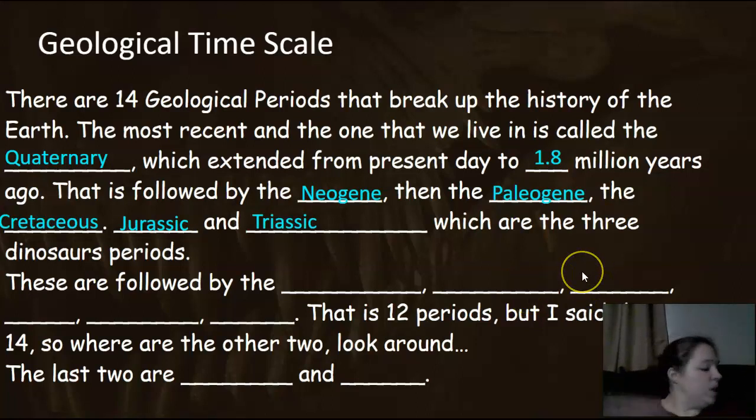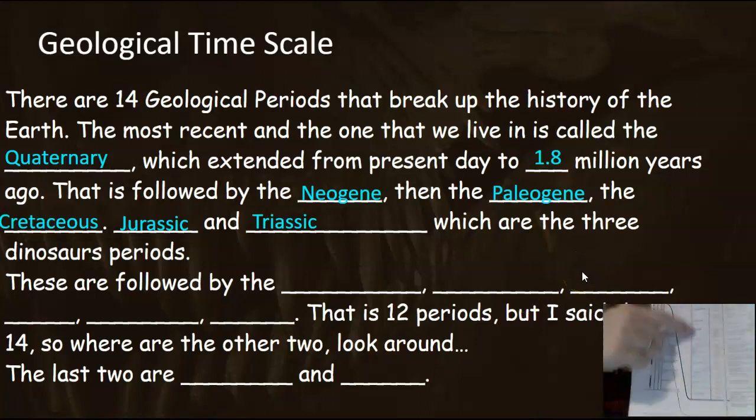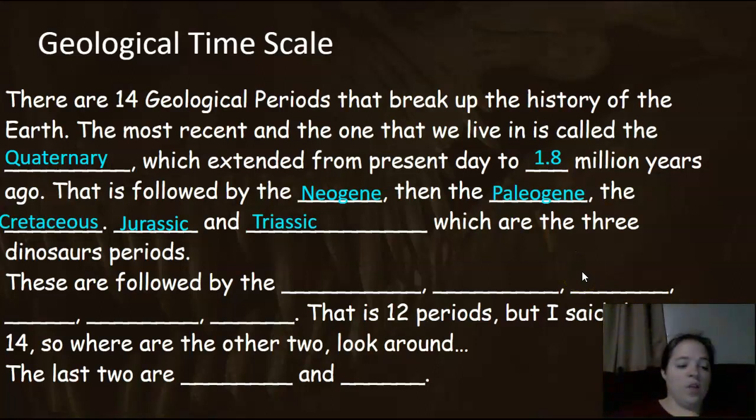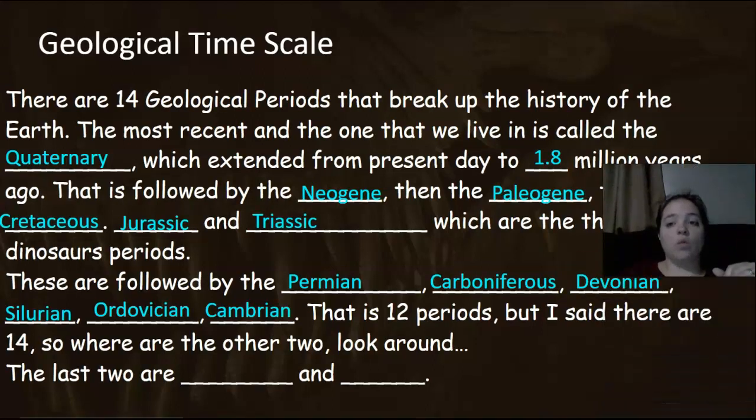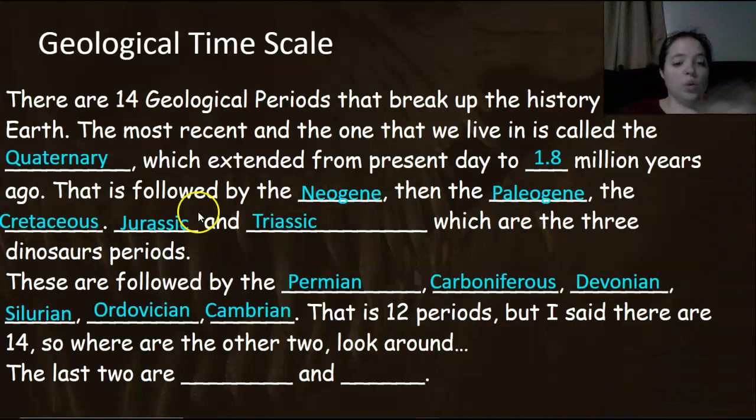Once you get down to here, they're followed by the Permian, Carboniferous, Devonian, Silurian, Ordovician, and Cambrian. Here's a little note: the Carboniferous is split into two, where you have the Pennsylvanian and the Mississippian. Counting it all up, there's only 12 right there, but there are 14.